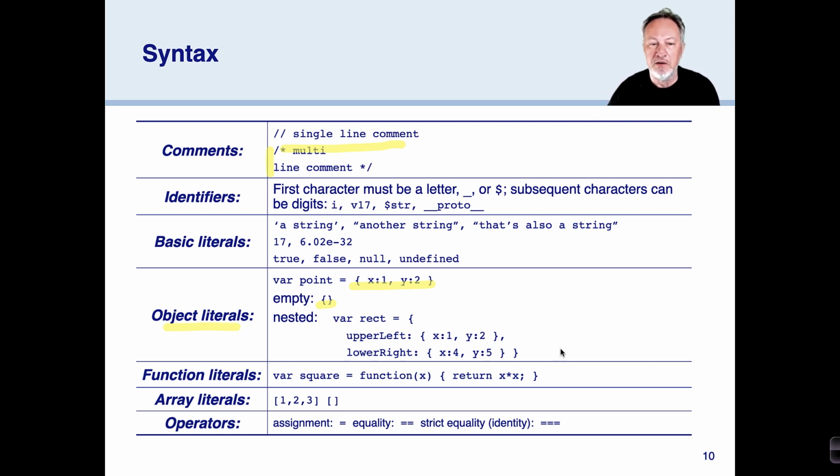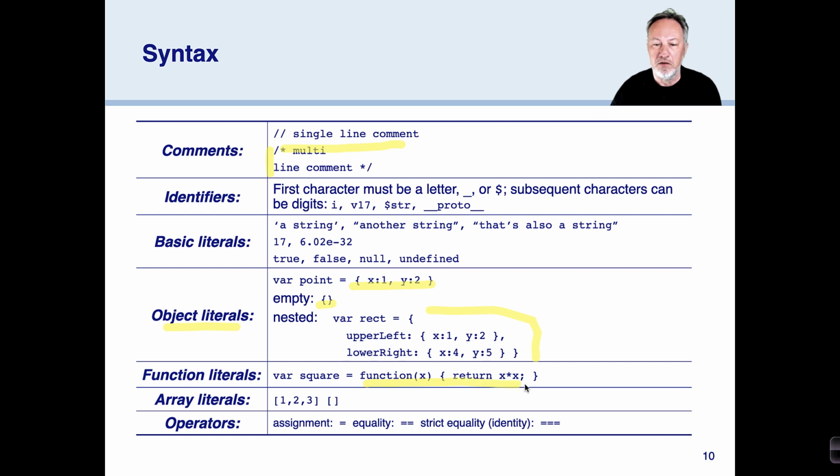Otherwise, the object literal notation is very similar to JSON, and every JSON expression is also a valid JavaScript expression. Here we also see that we can have nested objects, such as this rectangle with upper left and lower right point positions. We also have in JavaScript function literals.